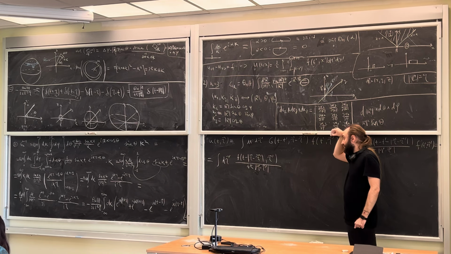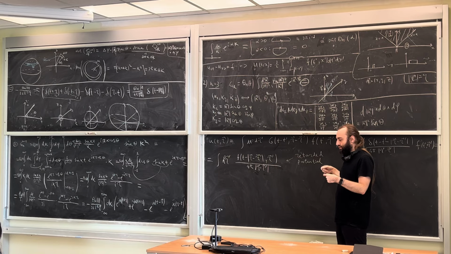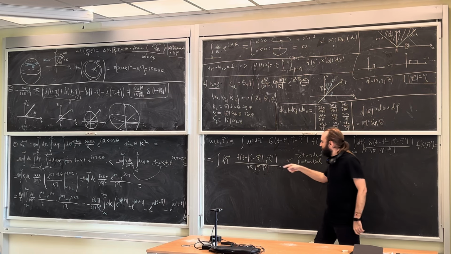Which means that to compute the potential created at point t and r, we need to look at the value of the right-hand side of our equation at point r prime at the time given by the time of our interest minus the time that the wave needs to travel from that point to the point where we compute our solution.